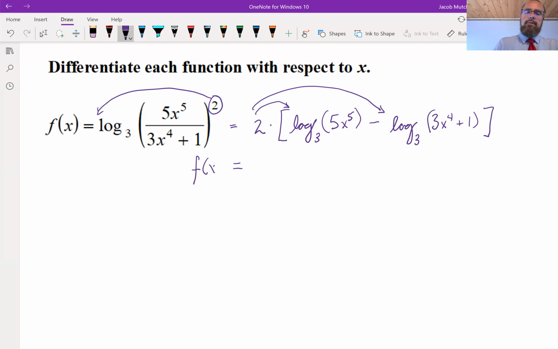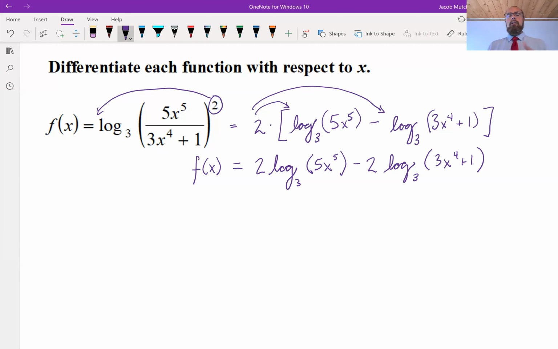It's expanded to be 2 log base 3 of 5x to the power of 5 minus 2 times log base 3 of 3x to the power of 4 plus 1. So once I've got it into that expanded form, now I can apply my differentiation rules. So we'll call f of x here, let's just call that y.